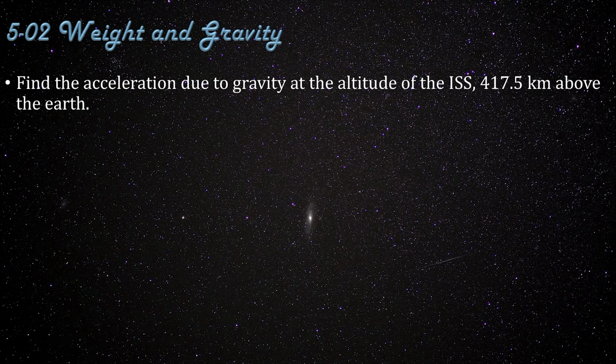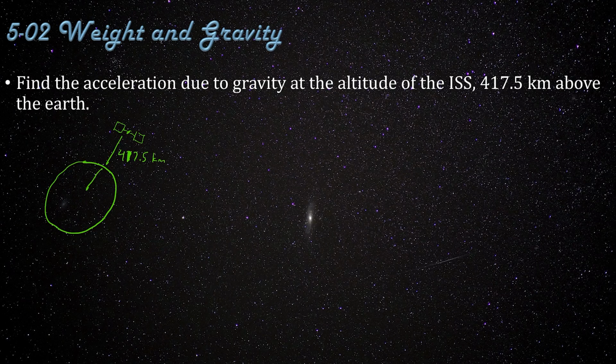Find the acceleration due to gravity at the altitude of the International Space Station, 417.5 kilometers above the Earth. Well, first of all, we're going to need the radius. So here's the Earth, and then here's the ISS. That's 417.5 kilometers.